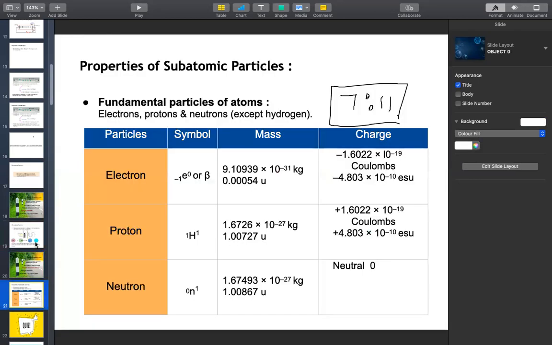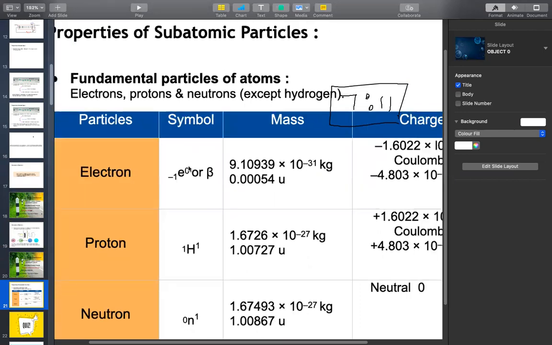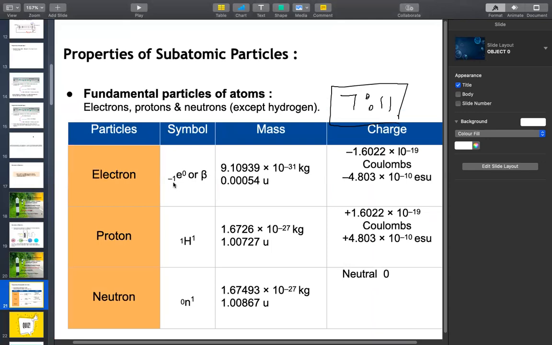Guys, this table tells that fundamental particles will have the mass, symbol and charge. This whole thing is important. Electron, proton, neutron. The symbol of electron is a little confusing for you, but you can understand it: -1 is the charge, 0 is the mass. Mass is written on the top, charge is written on the bottom.